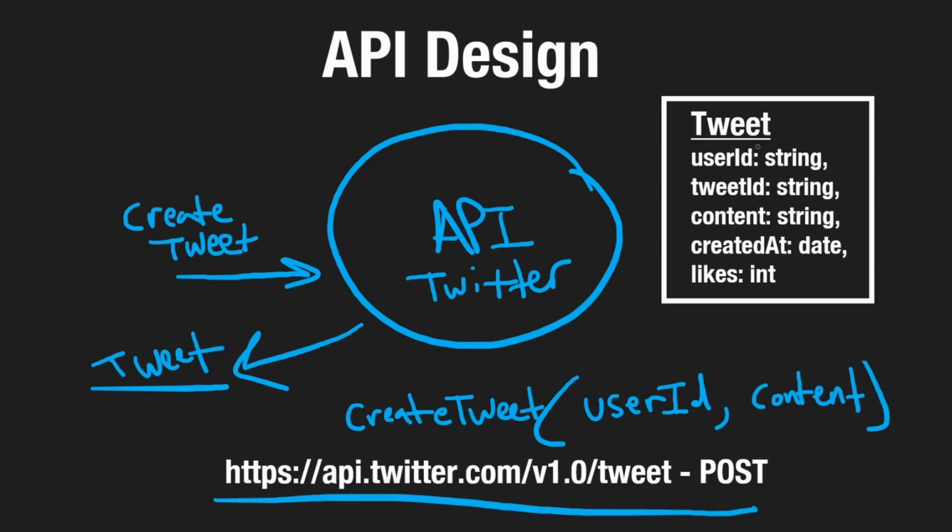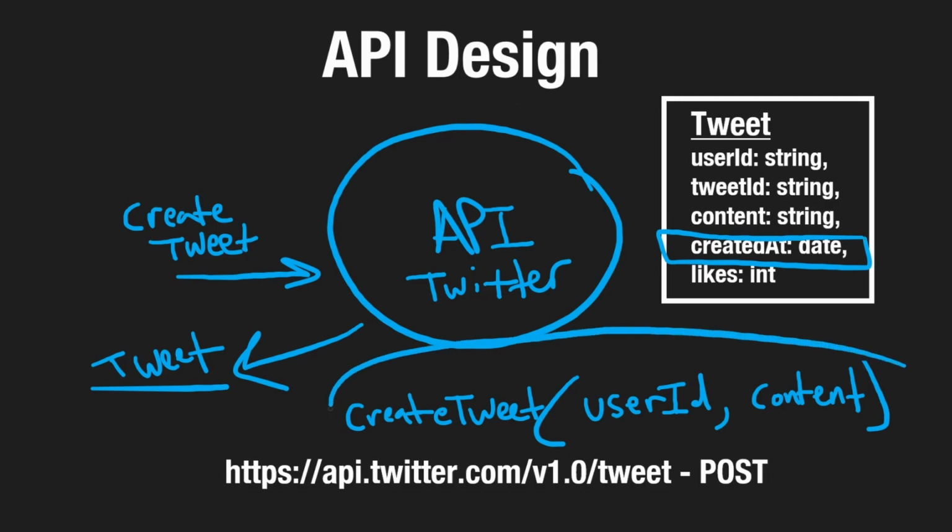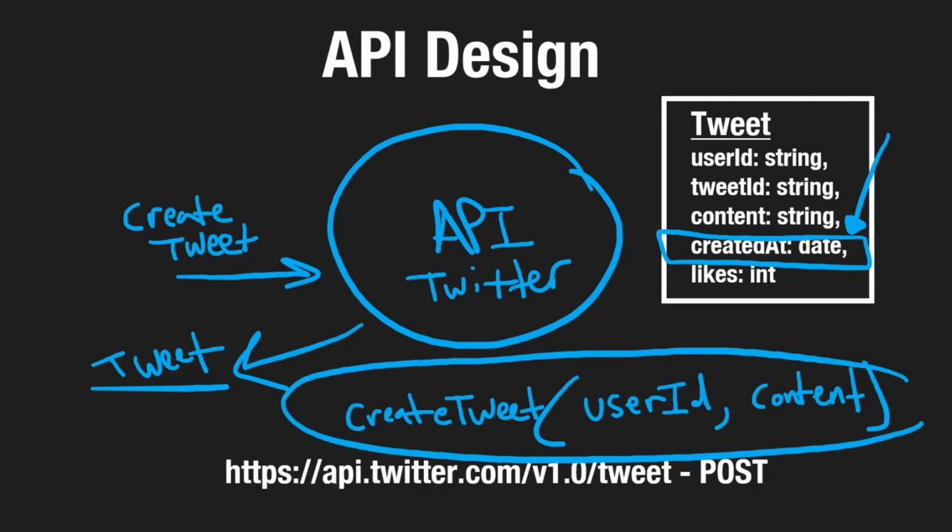That's all you really need to know. It's not going to be sent by the client who's actually creating the tweet. But the user ID does have to be sent because only users can create tweets. The content will also be provided by the client, like what's actually included in the tweet. The timestamp that it was created at, technically it could be created by the client if we really wanted to. And then on the server, we could validate that this time is reasonable, like it happened at roughly the time that the request was received by the server.